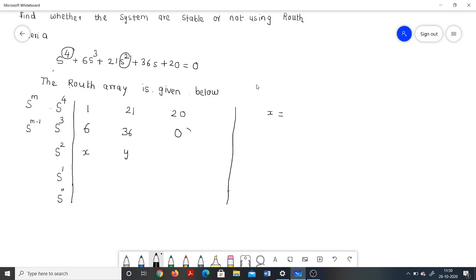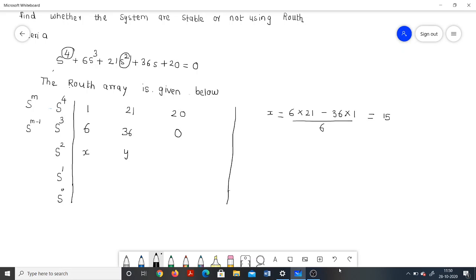The formula is 6 into 21 minus 36 into 1, divided by 6, the first term of the previous row. When I solve this, it comes to 15.